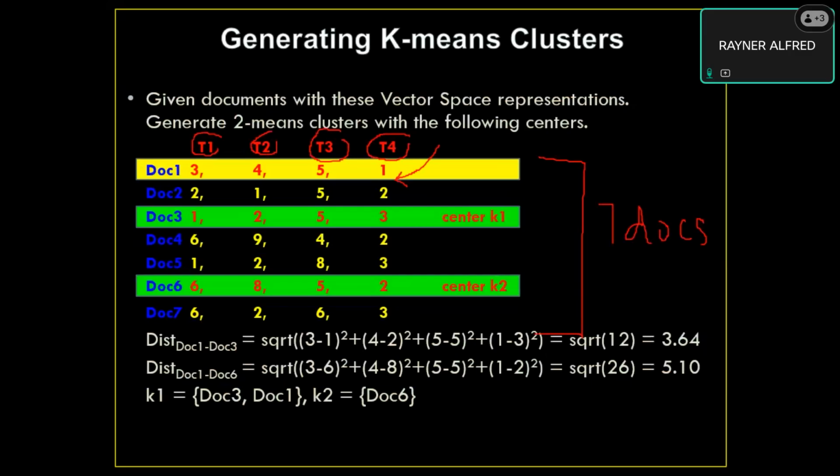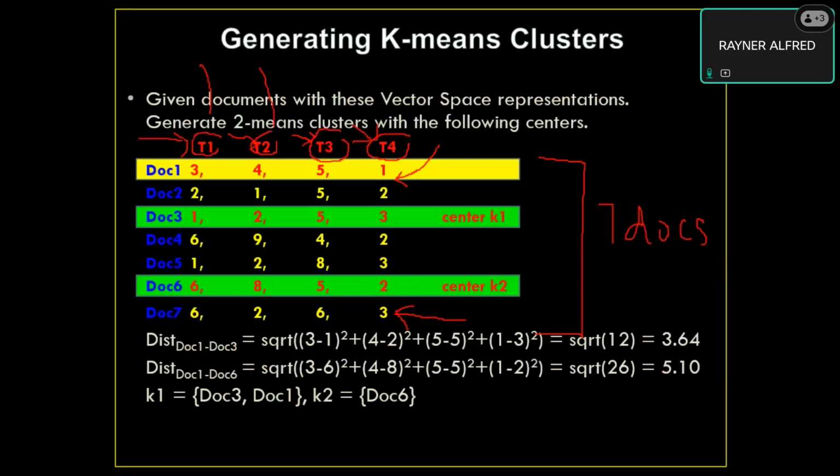And we also have the content of the document. The content of the document is this: term 1, term 2, term 3, term 4. Contohnya, this is science, this is technology, this is mathematics, this is quantum. Contohnya lah. Okay? But the number that we have here is the number of times it exists in the document.